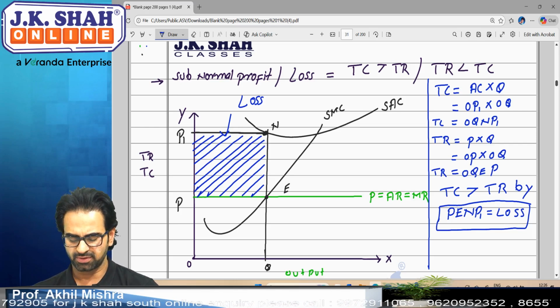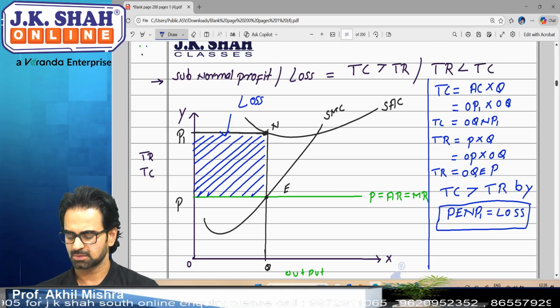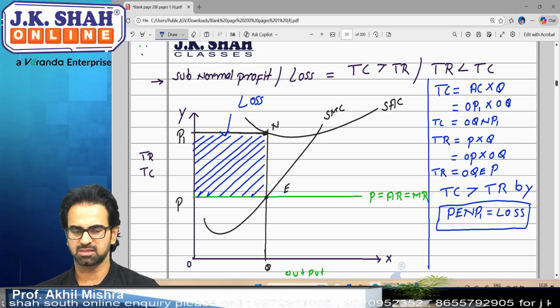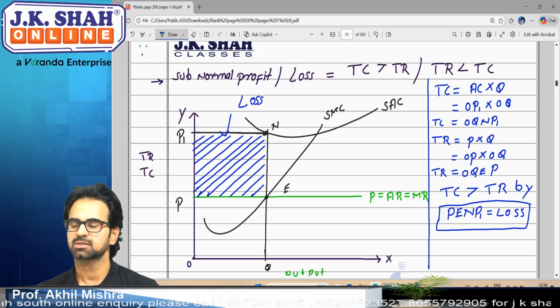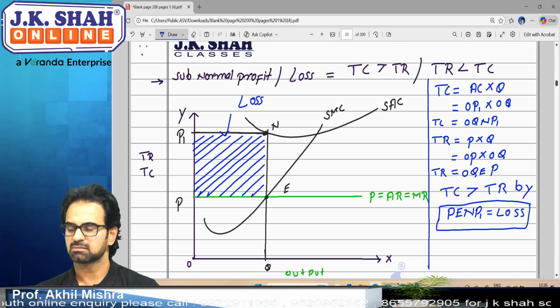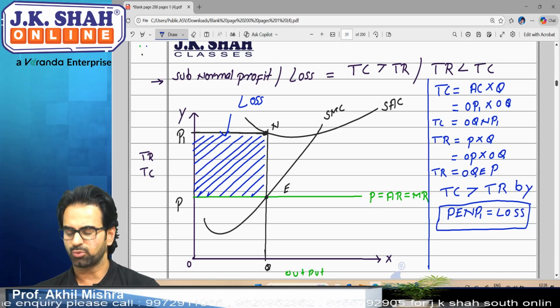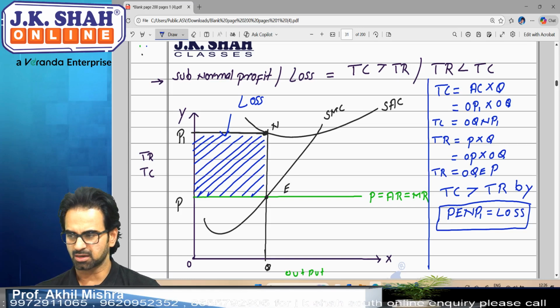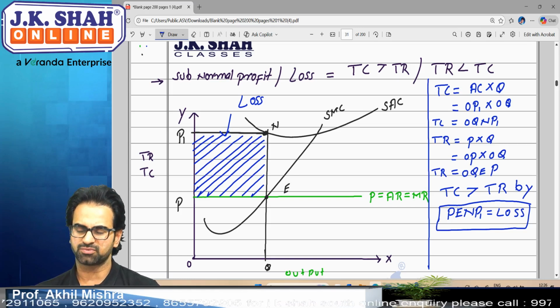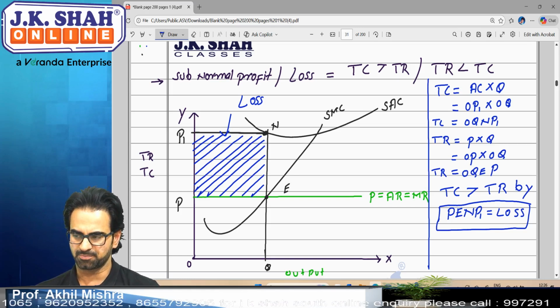Now there are different ways, and you should know that when there is a single seller of the product in the entire market, then he will intentionally create a demand supply gap. He'll purposely supply less in the market than the demand to create artificial scarcity.